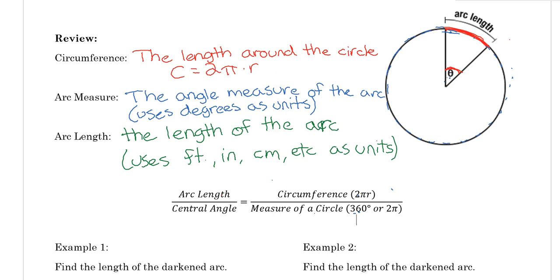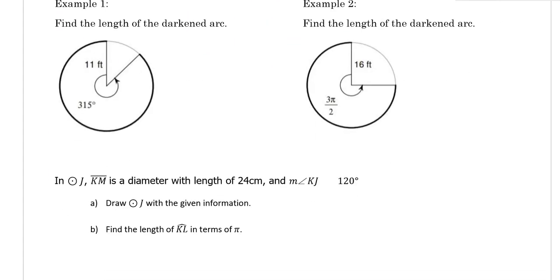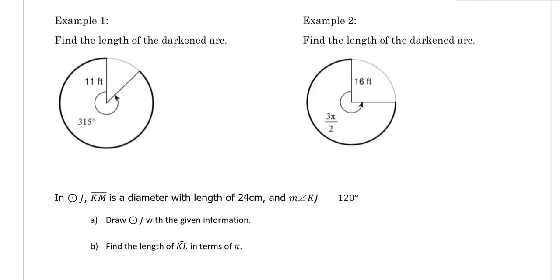Let's look at an example. Example 1, find the length of the darkened arc. My x is out here. This is what I'm looking for. That uses an angle of 315 degrees. The length around the whole circle is the circumference.